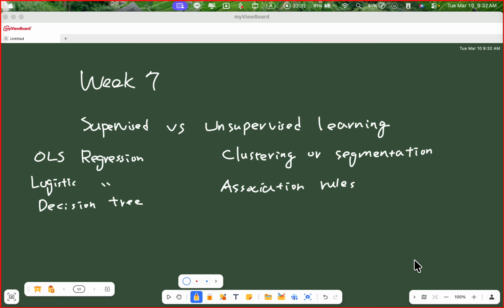Why? There's the data type of X, right? We use X to predict Y.